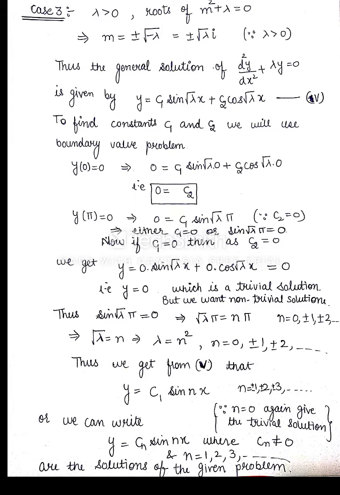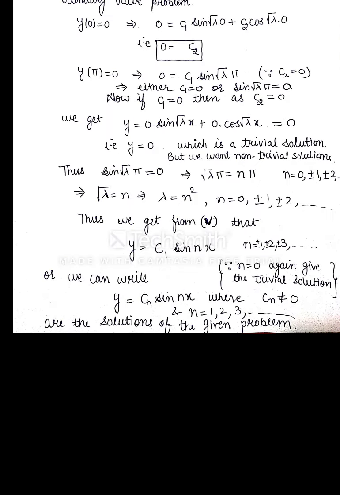Therefore we cannot take c1 to be 0, and we choose the other option, that is sin(√λ π) must be 0, which gives us √λ π = nπ. Now, since we are considering the third case in which lambda is positive, √λ is also a positive real number, and thus √λ is equal to n, where n can take values 1, 2, 3 and so on.